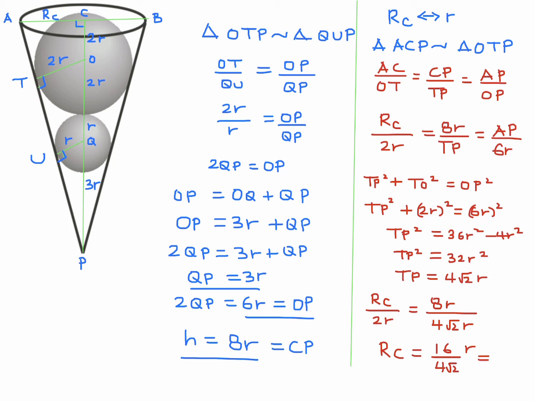And of course, that simplifies to 4 over root 2R. All right, great. Exactly what I needed. RC in terms of R. So now that we have this relationship and we have this relationship, we can now solve the question.